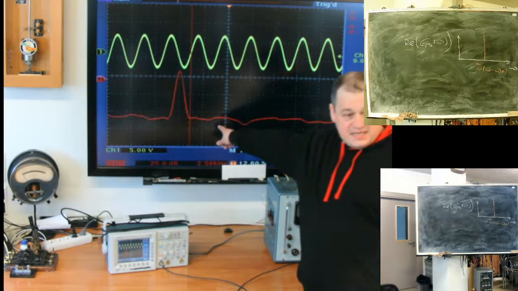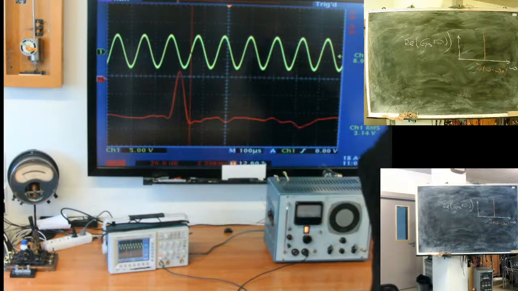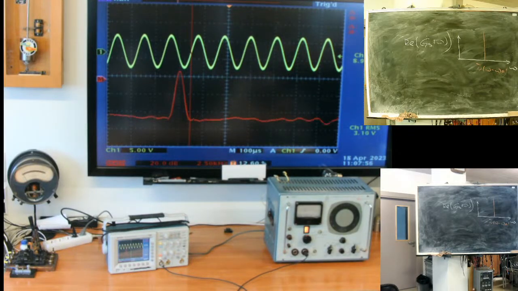Why am I getting this instead of an ideal spectral line? Watch, I'll put it toward the lamp.